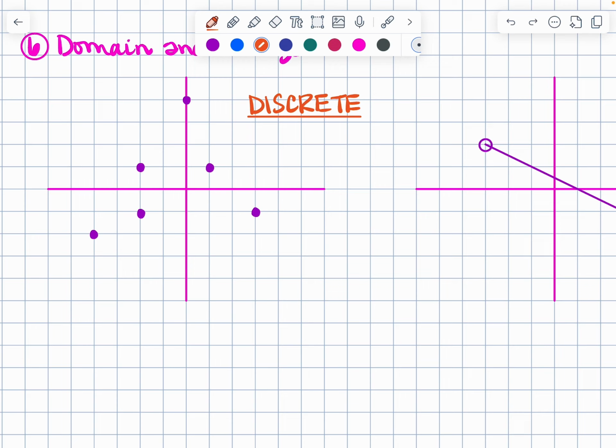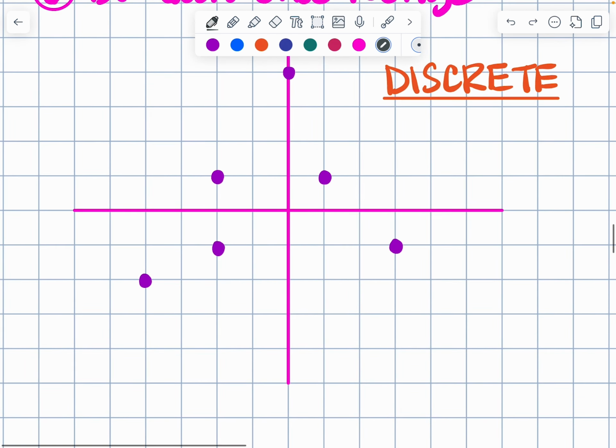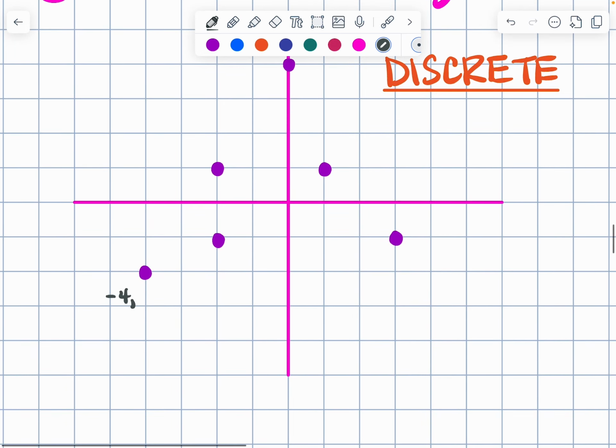Now, I will give you a heads up. Remember when you're listing domains and ranges, you have to put them in numerical order from least to greatest, and there are no repeaters. You can do this however you'd like. I might suggest that if you have a graph, you just write the coordinates down for yourself. So this point right here is -4, -2.